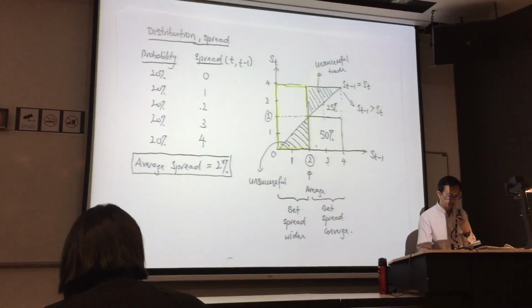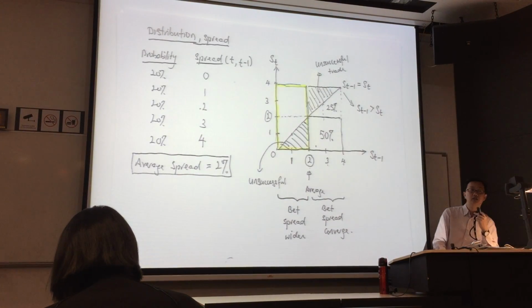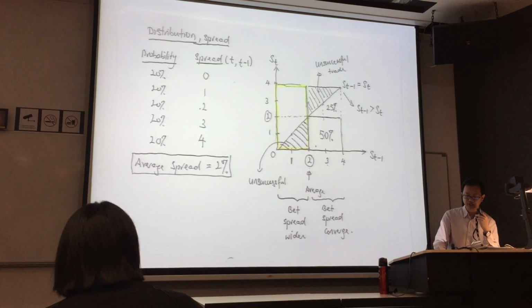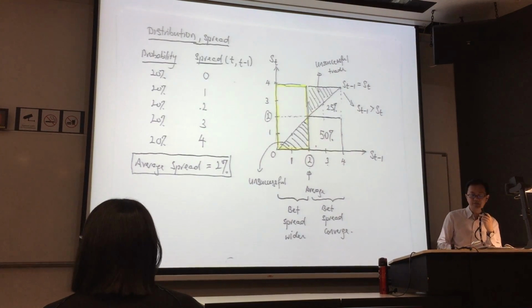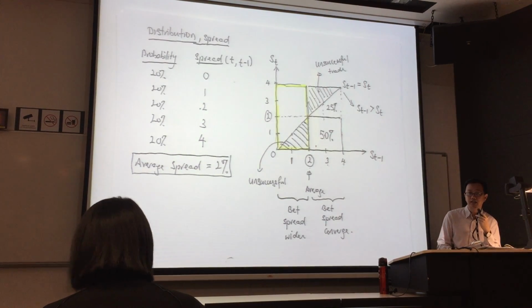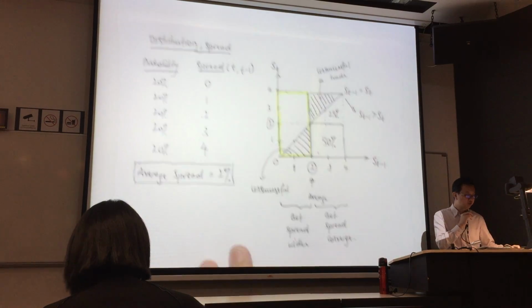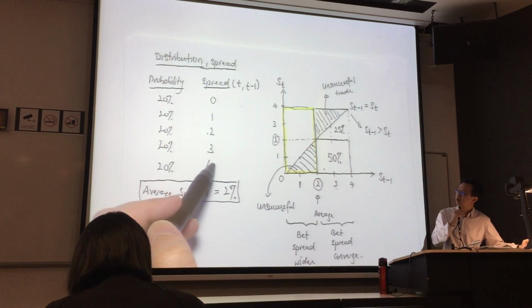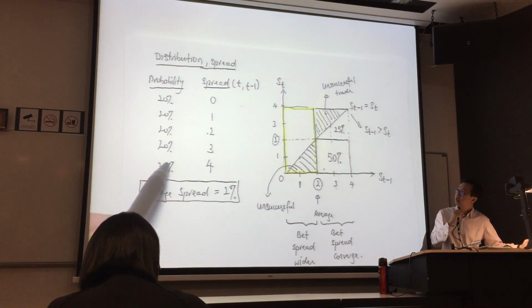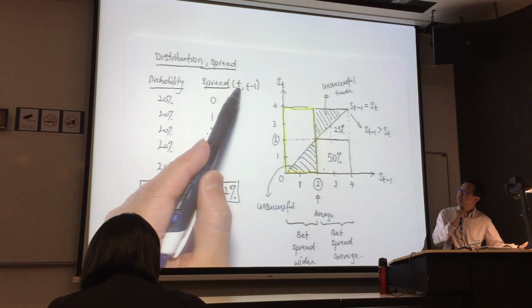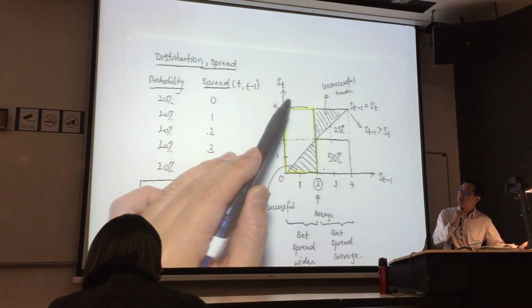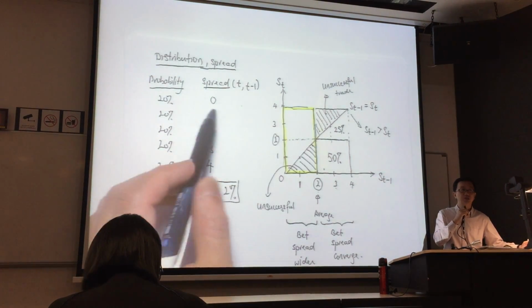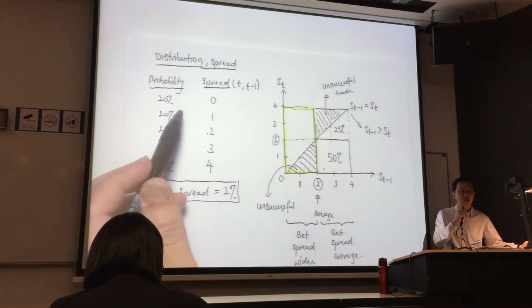We are assuming that the spread distributions are independent and identical to each other, which is why I started with this: the spread is 0, 1, 2, 3, 4 with equal probability, regardless of whether we're looking at it at t or t minus 1 or t minus 2 or t minus 3. They are assumed to be similar.